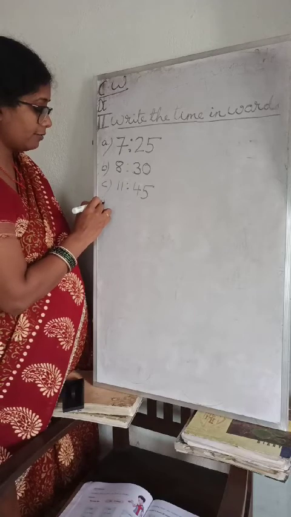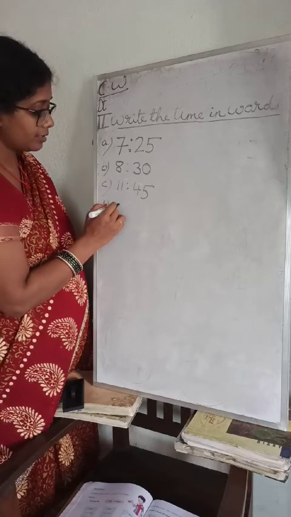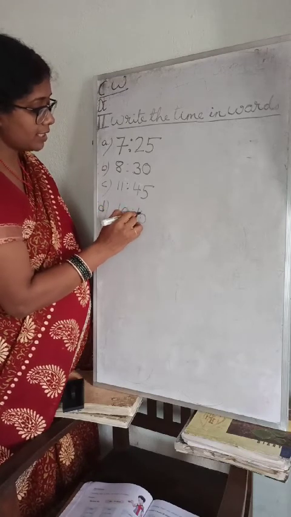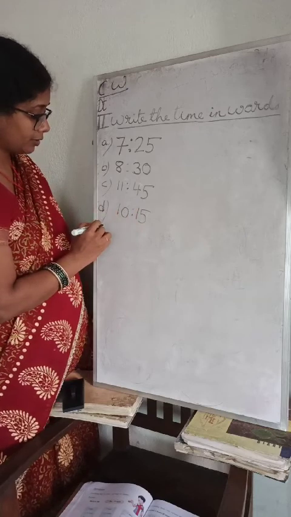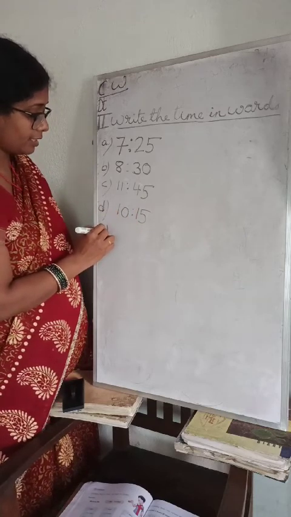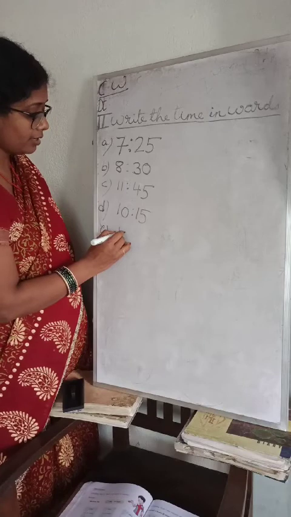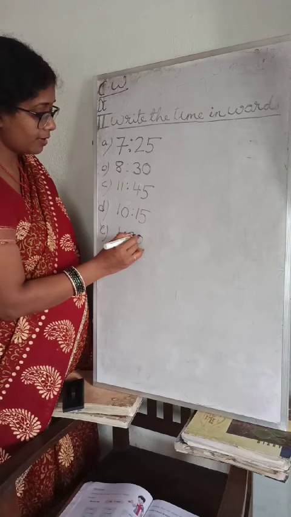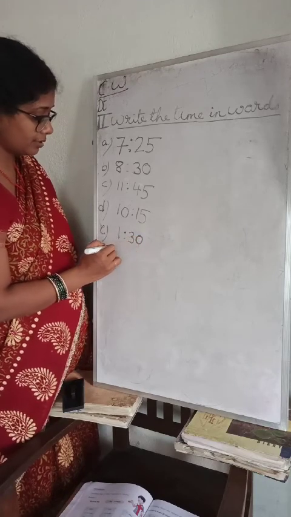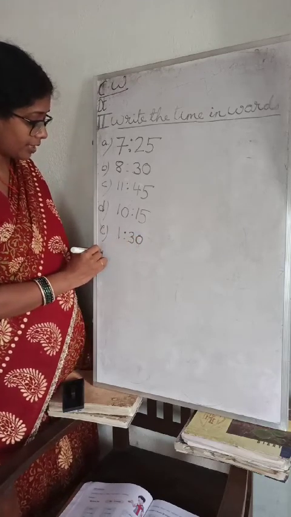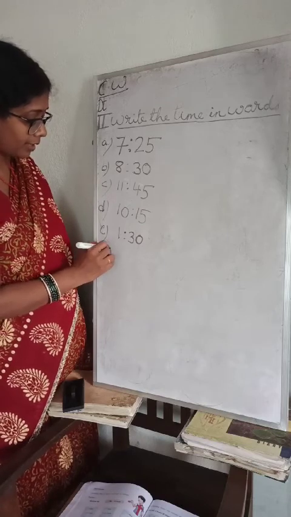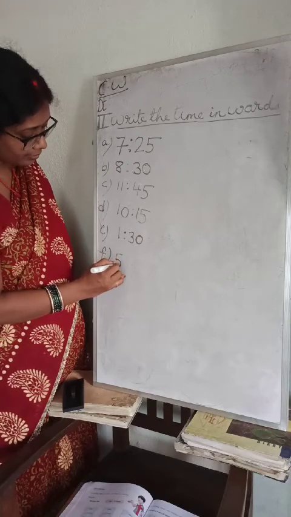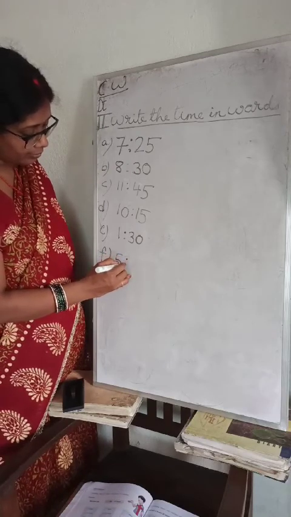And then we have D, 10:15. Okay, then we have E, 1:30. Then we have F, 5:45.